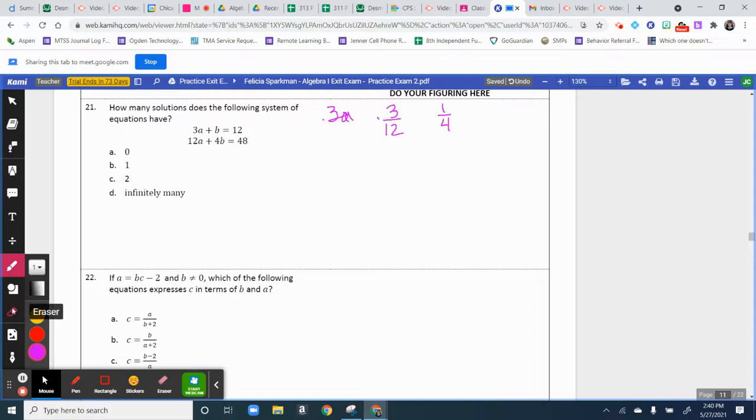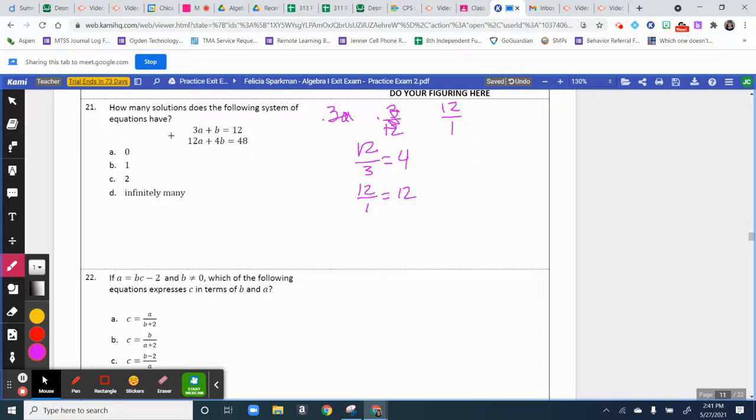So that would equal the x-intercept being 4, and the y-intercept being 12.